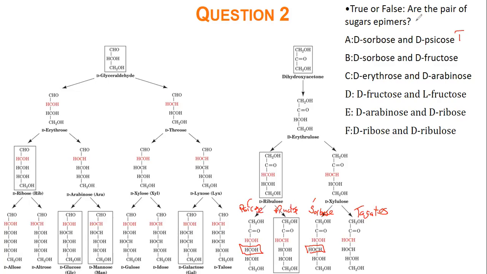An epimer is where you have sugars that are the same length, and all they differ at is one chiral center. So that's why the two sugars in A are epimers. They only differ at that carbon where your OH has been flipped. It's a different chirality.